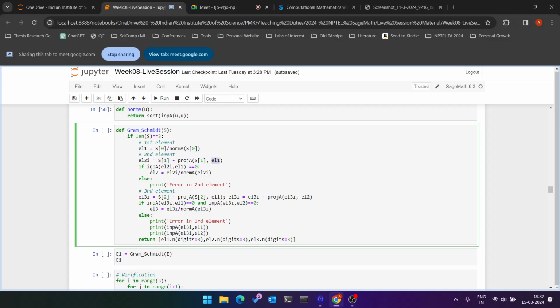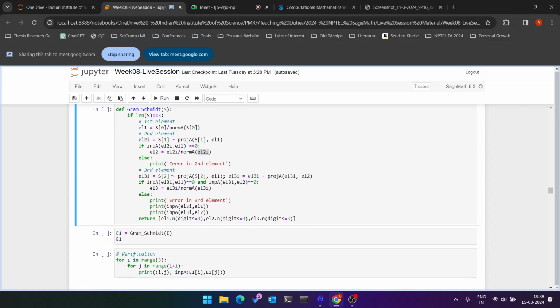Just to check if this is indeed orthogonal, I am calculating the inner product between L2I and L1. If this inner product is indeed 0, we calculate the second orthonormal element L2 as L2I divided by the norm of L2I. Otherwise, we give an error telling us that we obtained an error in the second element.